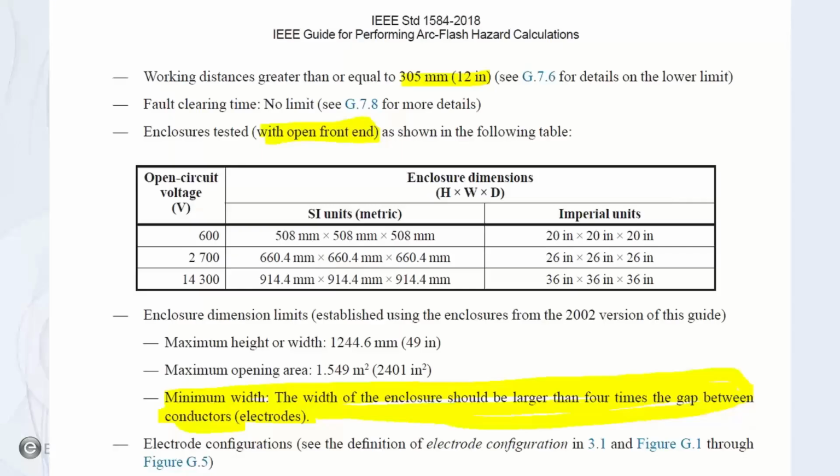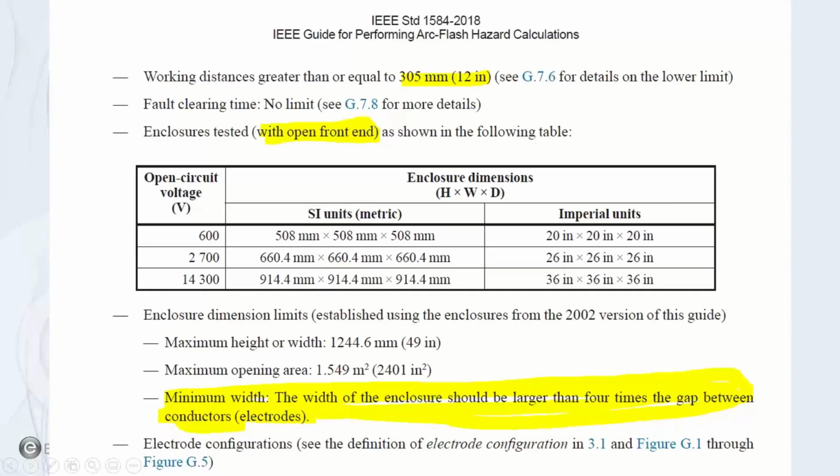And to prove the point, here's an excerpt from 1584-2018 talking about working distances and minimum working distances, and enclosure size and dimensions. So these all end up being almost footnotes, but sometimes they'll cause issues in our calculation results.